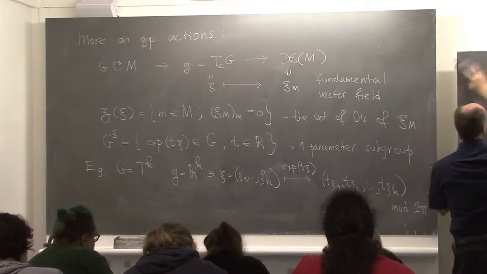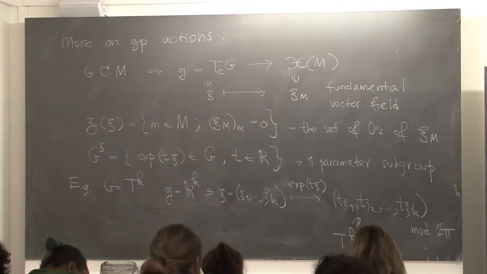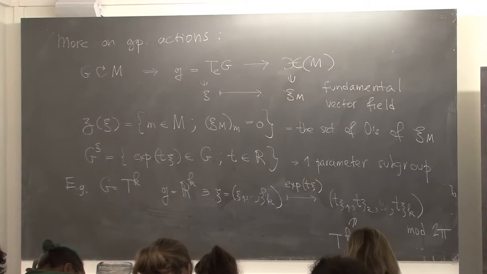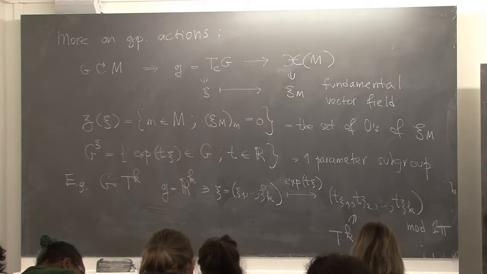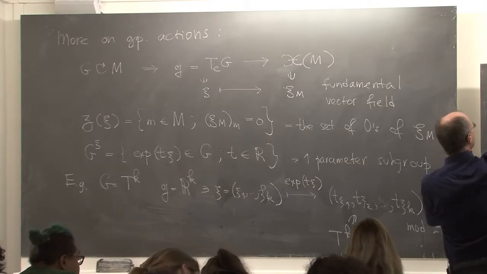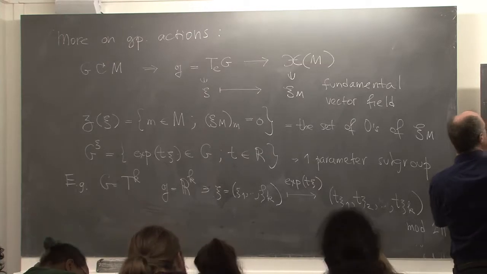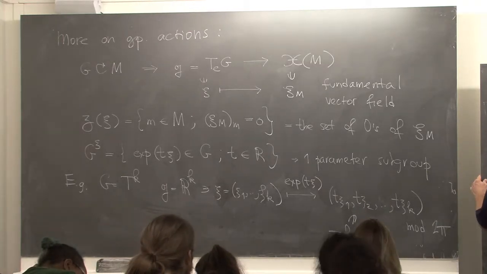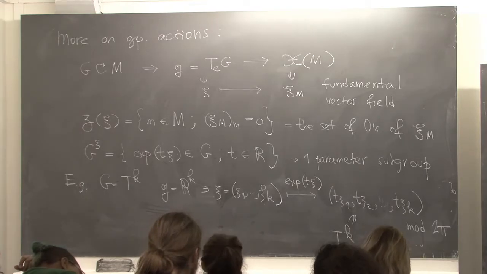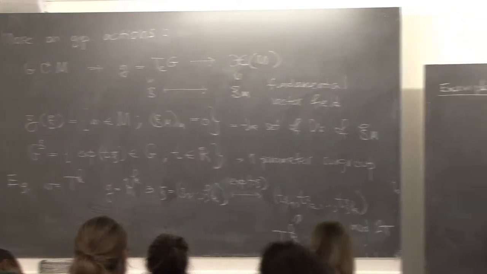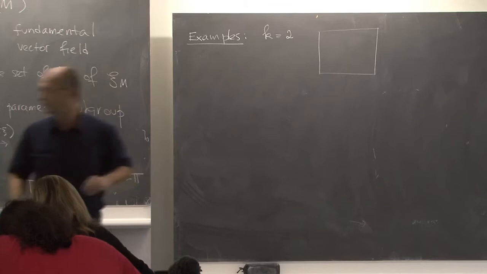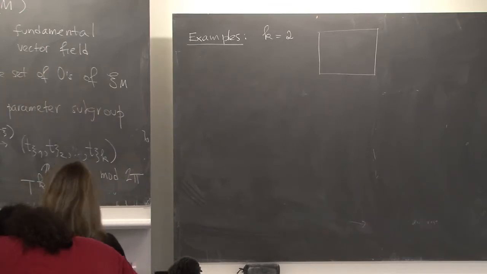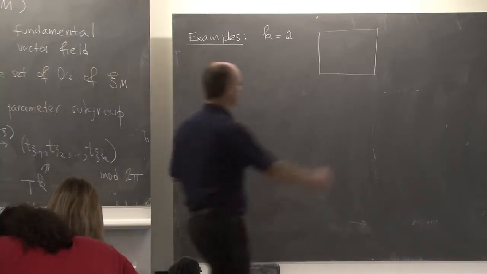Maybe just a very simple thing to remind you. If we choose k equal to 2, and think of a torus as a square with the sides identified, then as you probably know, the possible scenarios are as follows.